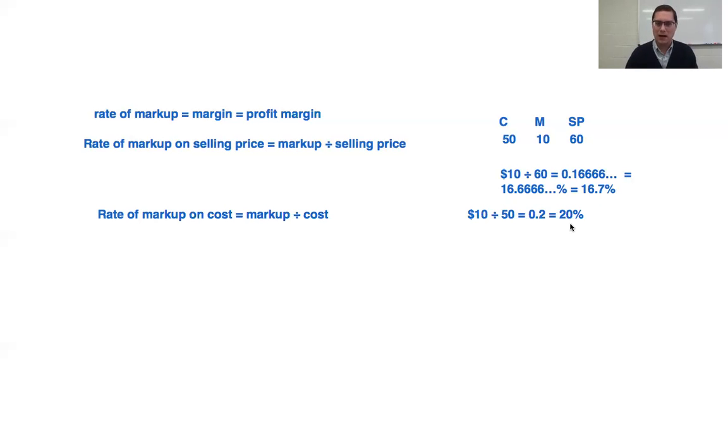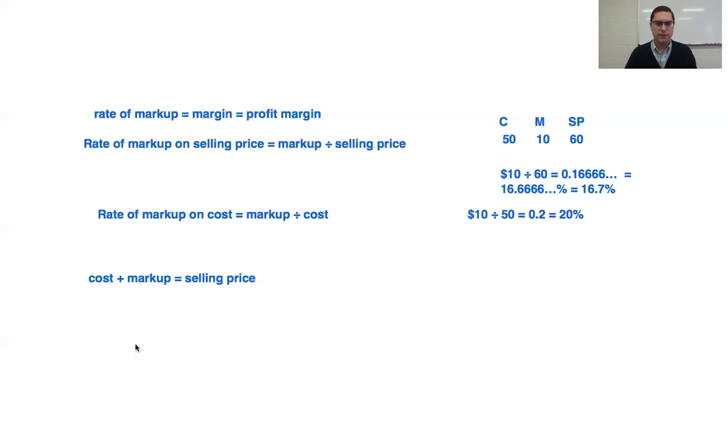That yellow box tells you what you can do if you know any two of the items in one of these equations, either one of these markup equations or the cost plus markup equals selling price equation.